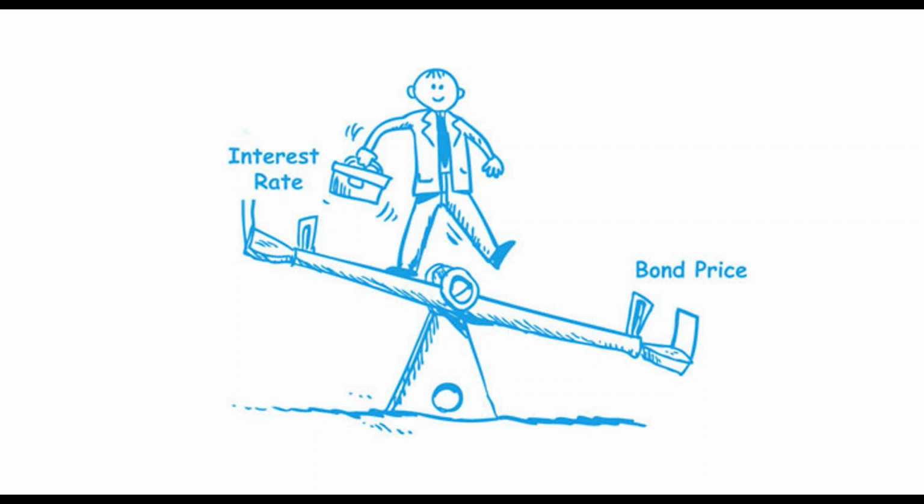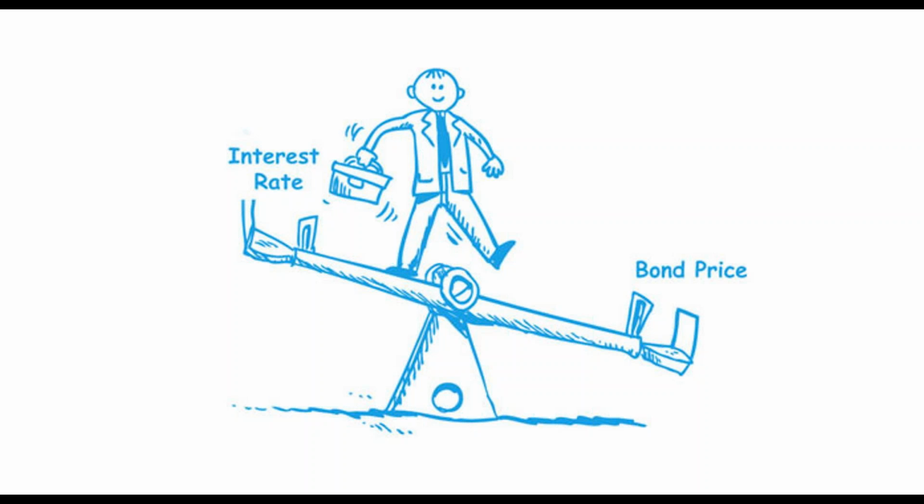Now, I own that, I get 3% a year. All of a sudden, in this phony baloney example, if interest rates on the 30-year shoot up to 10%, I'm still holding my bond that only pays 3%. How am I ever going to get out of this darn thing? Well, the only way I get out is as those interest rates move higher, the price of my bond moves lower.